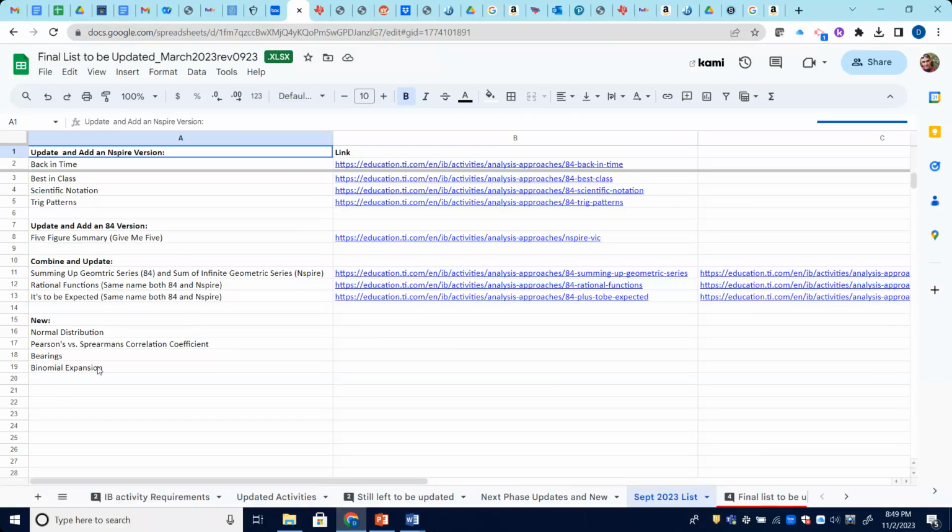Here's my list, you can kind of get a sneak peek. My new ones that I'm working on this semester: I'm doing a normal distribution activity. I'm doing a Pearson's versus Spearman's correlation coefficient activity. I graded that question, and oh my goodness, out of the 300 papers that I graded, literally maybe 3 could explain the results. Seriously, I wish I was exaggerating, but I am not.